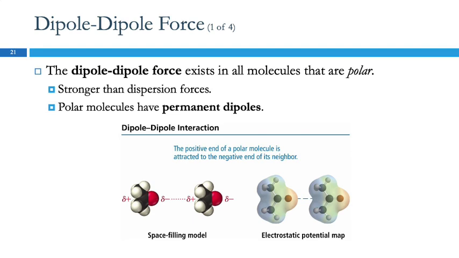Sorry, with ionic compounds, is that a different reason why they have a higher boiling point? Yeah, so an ionic compound really doesn't have intermolecular forces. It's held together by ionic bonds, which are far stronger than the intermolecular forces.